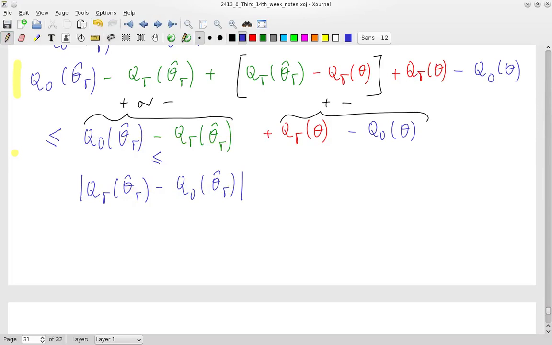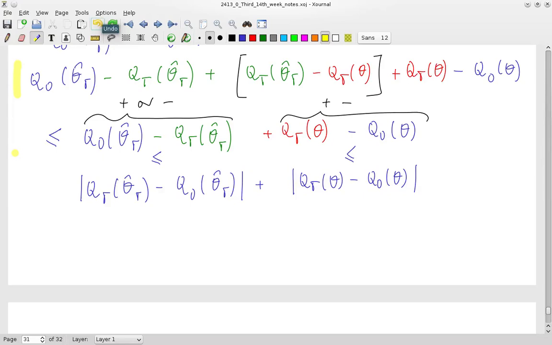Same thing goes for the second difference term, of which I don't know whether it's positive or negative. If I take Qt of theta and subtract it from Q naught of theta, and I take the absolute value of it, whether it's positive or negative, I don't know. But this term is going to be positive, so definitely the term on the second line, this guy, is going to be less than or equal to this guy.